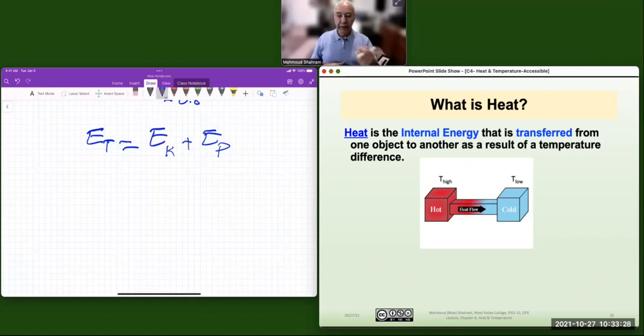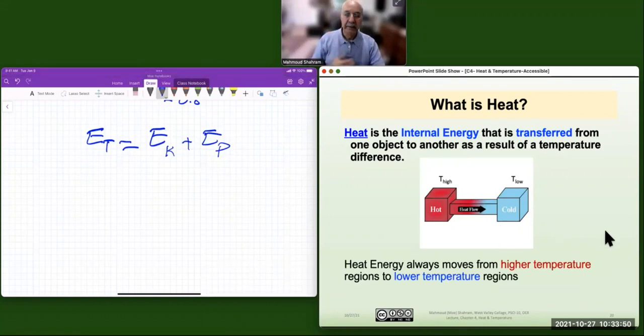So when you turn on your oven burner, the flame has a much higher internal energy from the gas that is burning. That heat transfers to the pot. That is the transfer of energy from a higher temperature to a lower temperature, and it always goes from higher to lower.